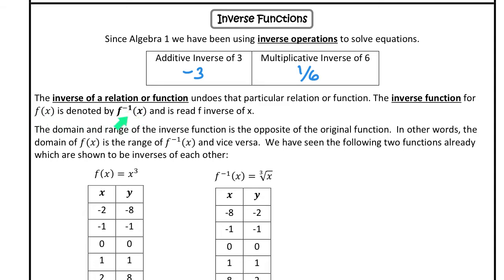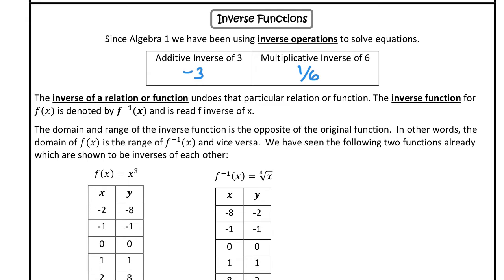These two symbols look similar, but one of them represents the original function, and if it has a -1 as an exponent, that means it's the inverse function. We read this symbolic notation as f inverse of x.